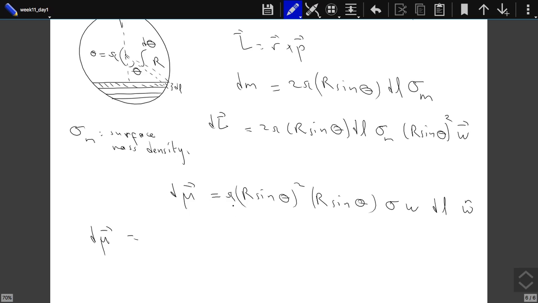So d mu would be, well, here I have a pi, in the L I have a factor of 2, so I will be writing the proportionality constant. I have to divide the L by 2. R sine theta cubed is common. The dl's are common. This is my omega vector now, omega multiplied with omega hat. This is omega vector, they are common. The only difference is sigma m. In the L I have sigma m, in the mu I have sigma. So it's sigma over sigma m.